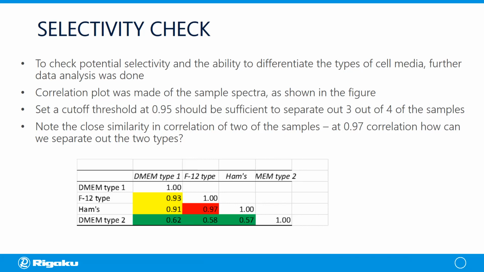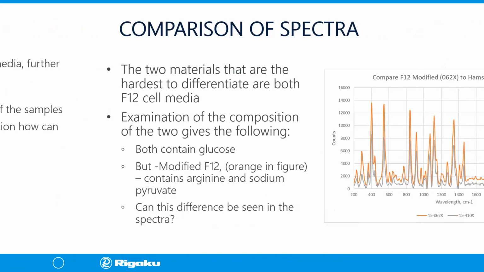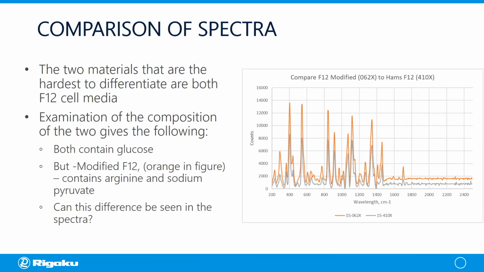Well, one option is we can build a custom cascade application to further differentiate the two types of spectra that are correlated at 0.97. And we can do this by looking at those two materials.